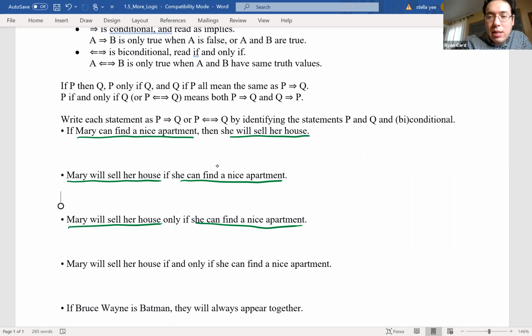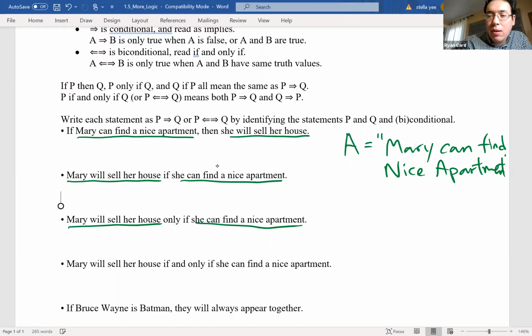So let's say A is Mary can find a nice apartment. And S is the sentence, Mary will sell her house.